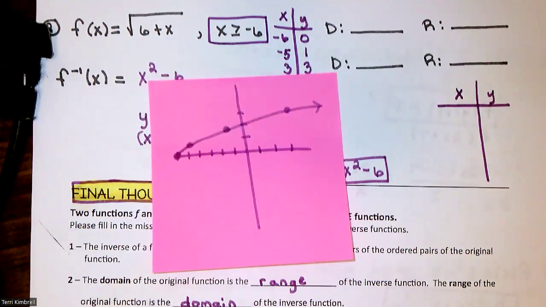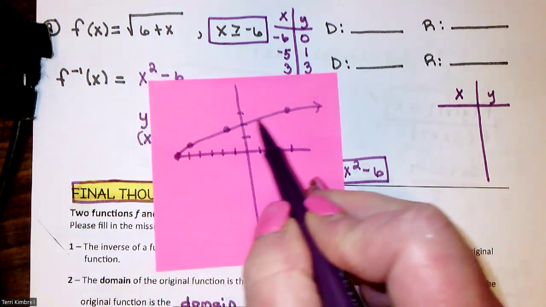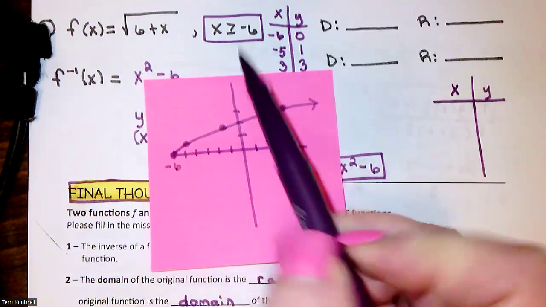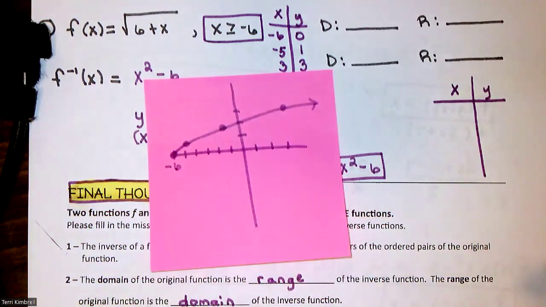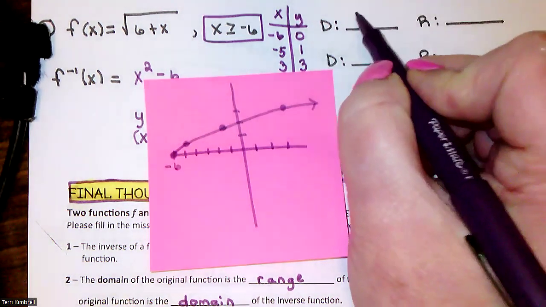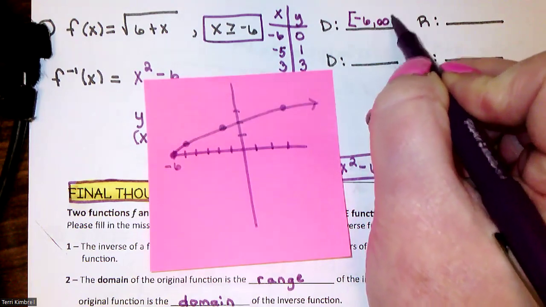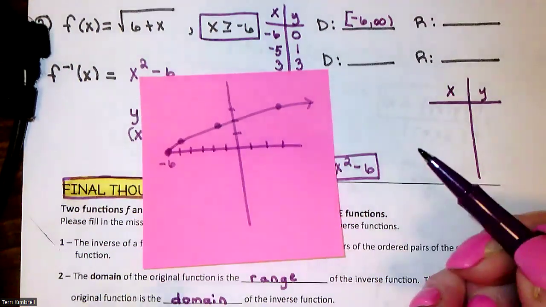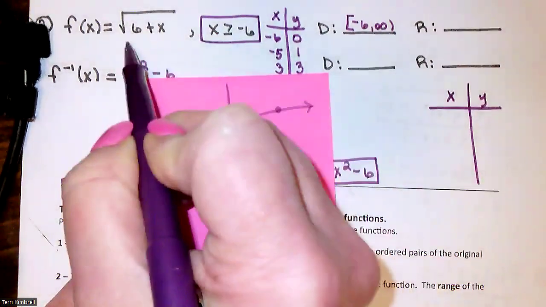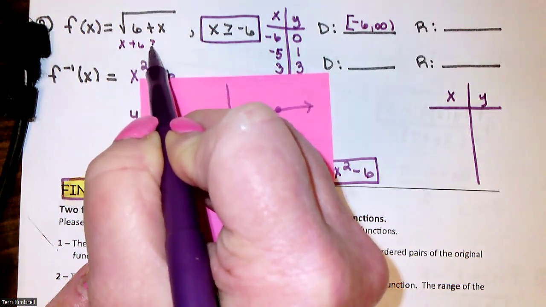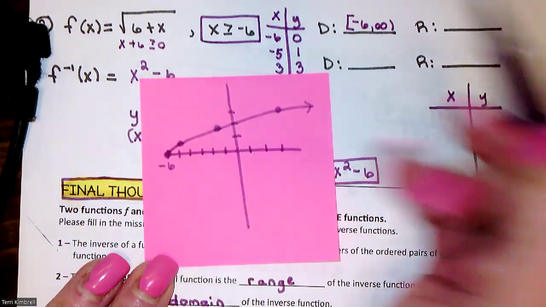So when you look at this function with the square root, you can see that it's going in the direction toward the right. So it's telling us that our domain needs to be from -6 to positive infinity, okay? And when you're thinking about that, remember that you have this greater than or equal to 0.